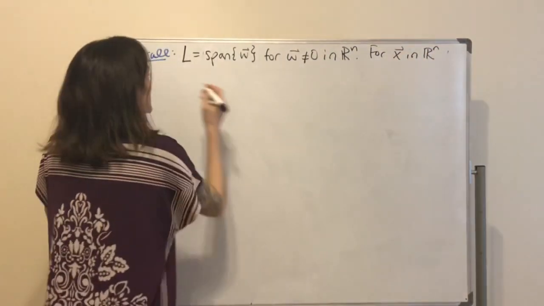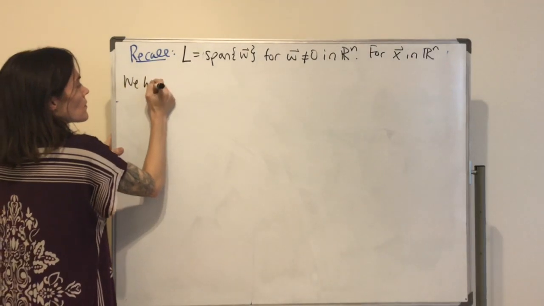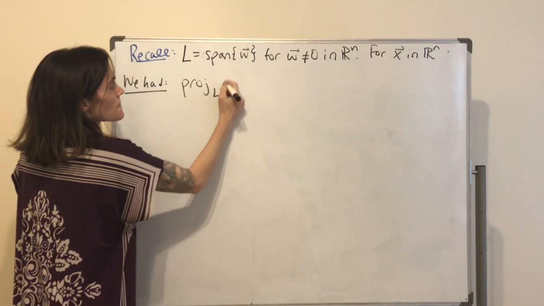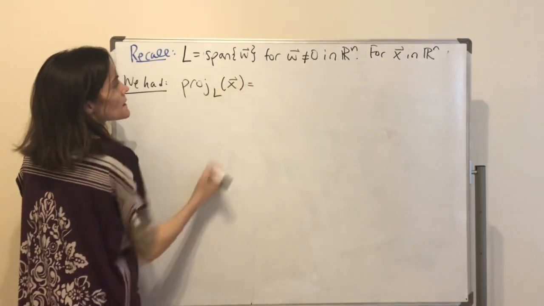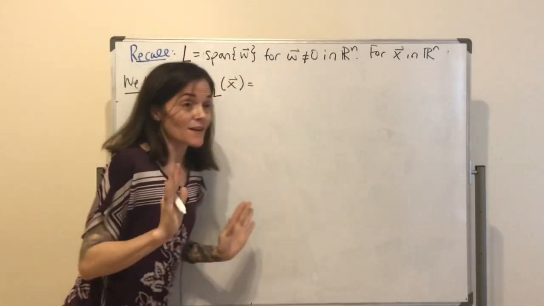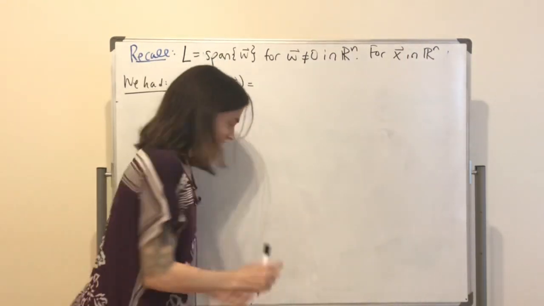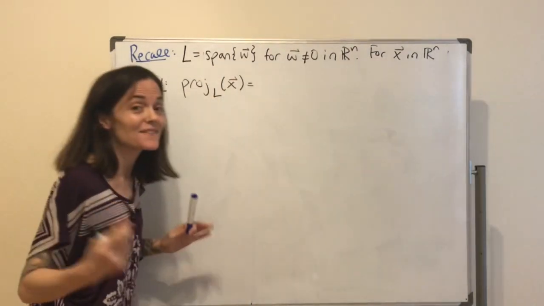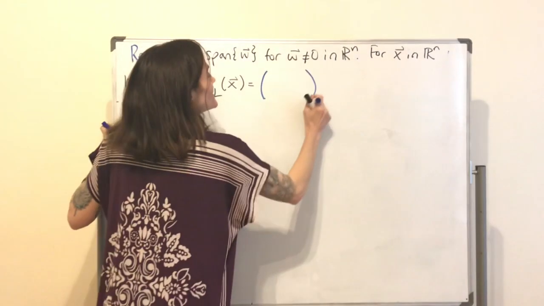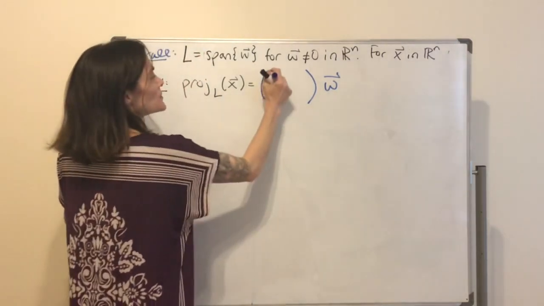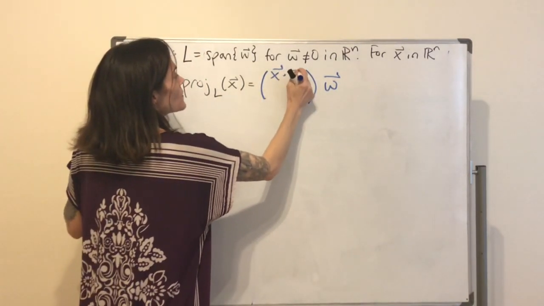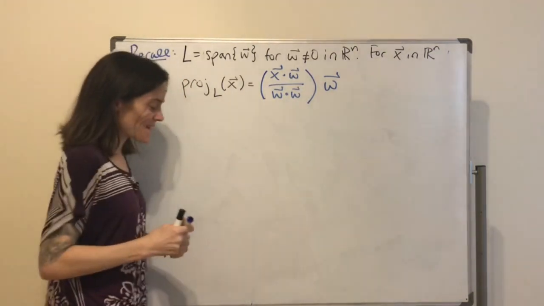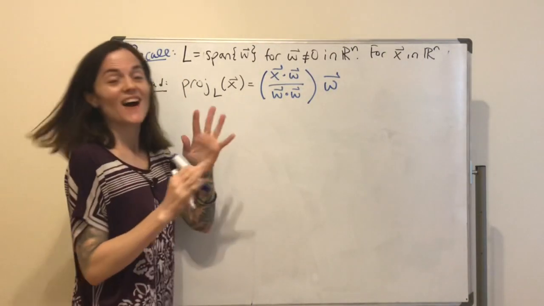We had the following, the projection is along the line, which means the projection will be a multiple of W. And the multiple was X dot W over W dot W. And this defines a vector on the line L.